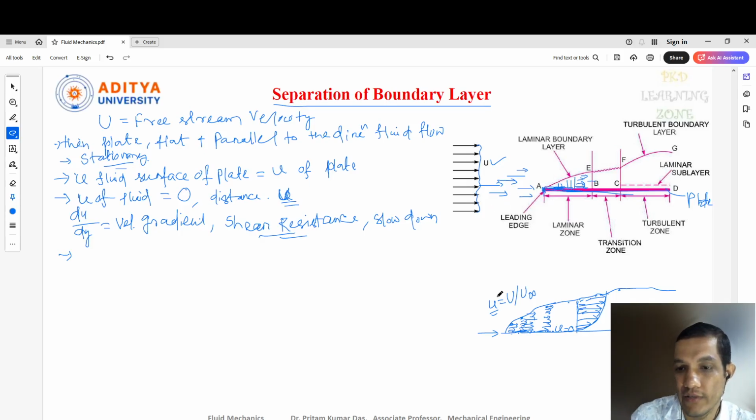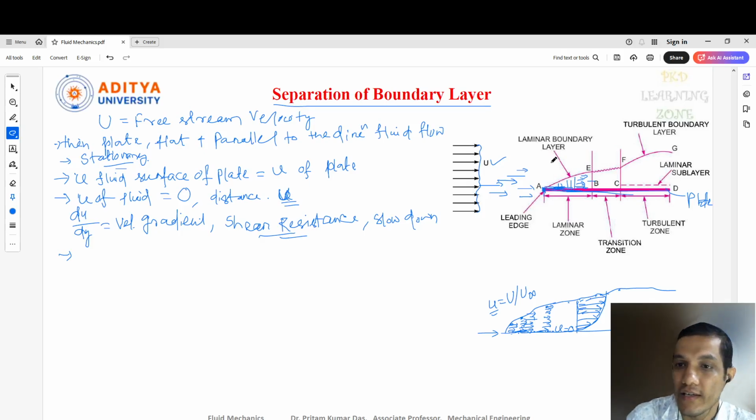So the local velocities are slowly increasing, and it takes some time to reach the free stream velocity. So the boundary layer region increases.